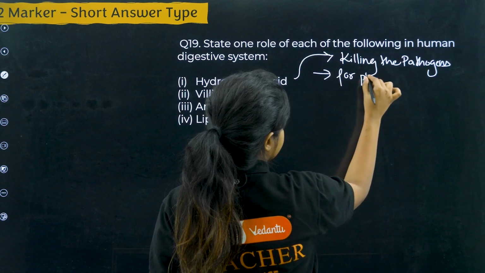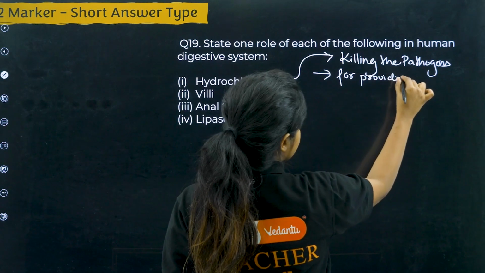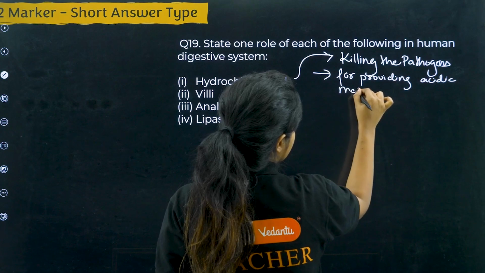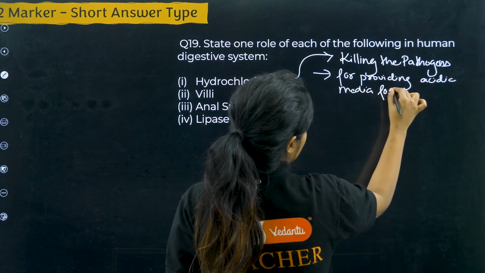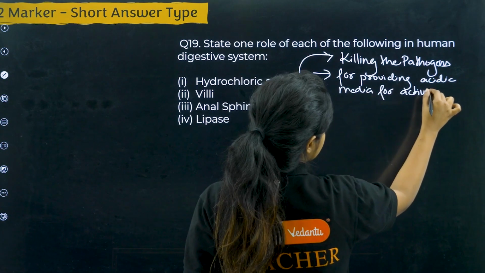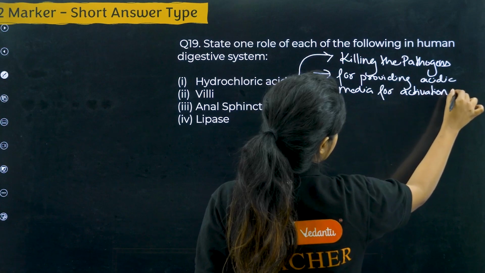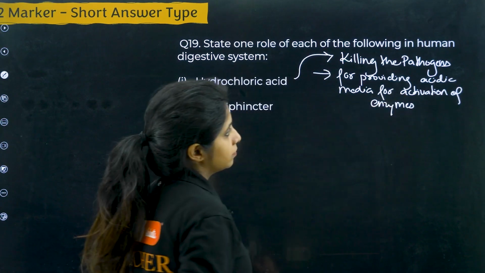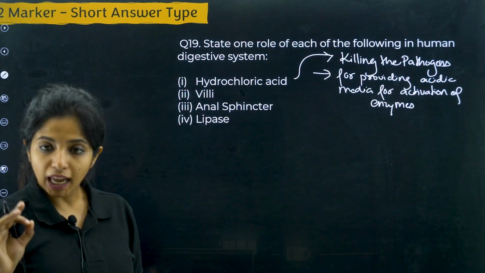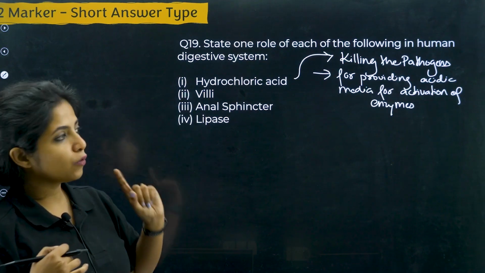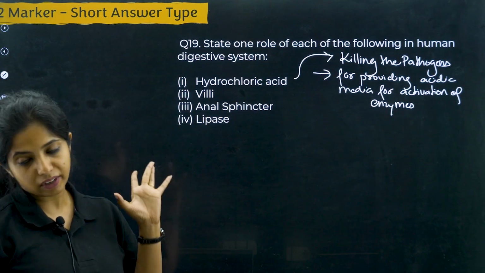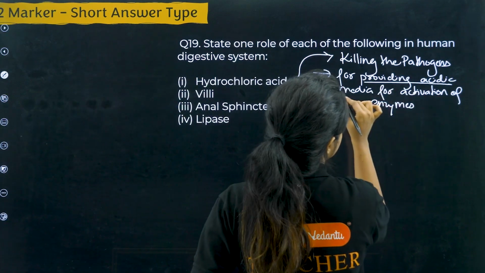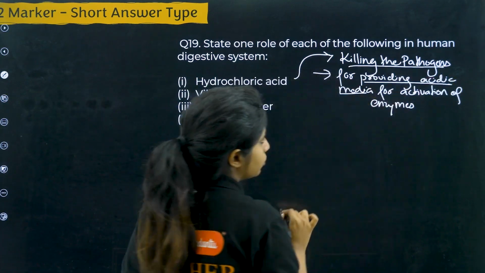For providing acidic media for activation of enzymes. Can you write like this? You are just asked for one. You can write like this if you have time. And underline the important things. Providing acidic media for killing the pathogens.